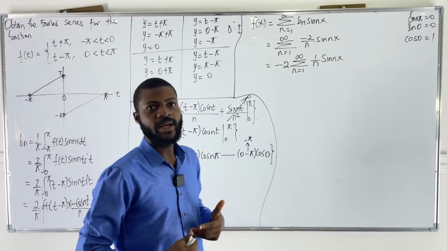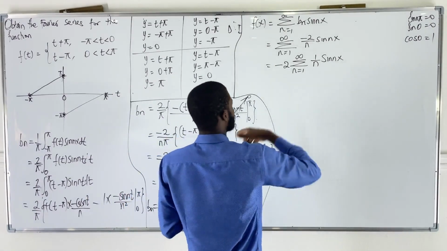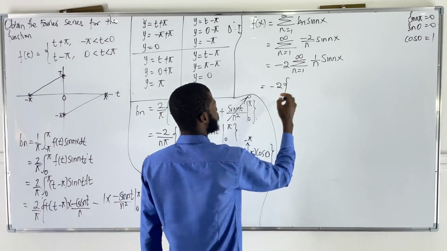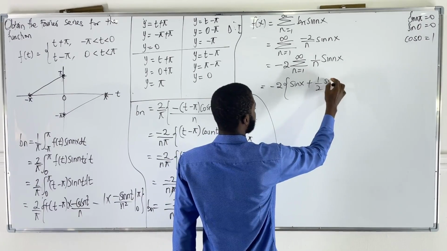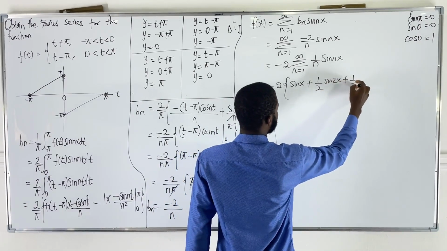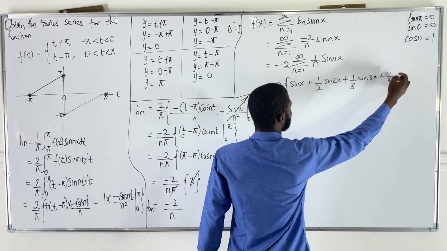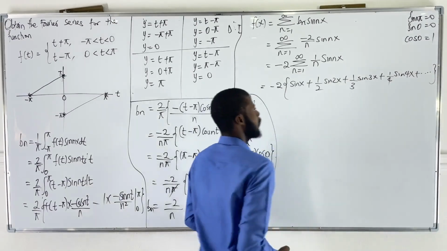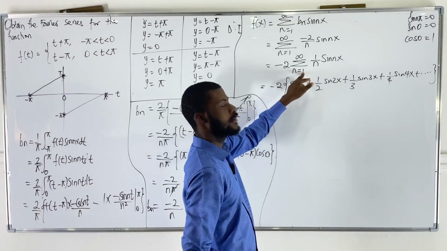But if you are asked to write it to, let me say, the fourth harmonic, so n equal to 4, this will be minus 2, open up a bracket, sine x plus 1 over 2 sine 2x plus 1 over 3 sine 3x plus 1 over 4 sine 4x. All right. So what I did was, anywhere I see n, I'll be putting 1.